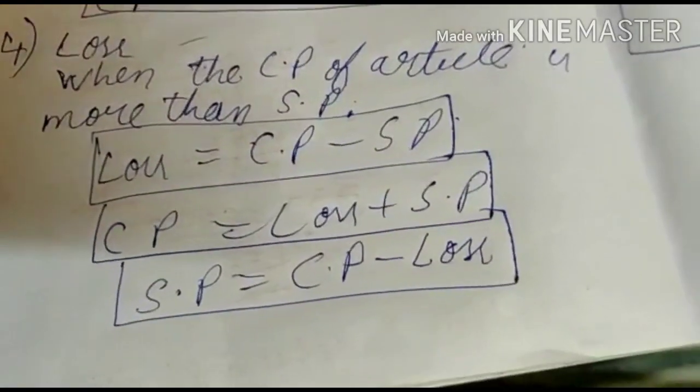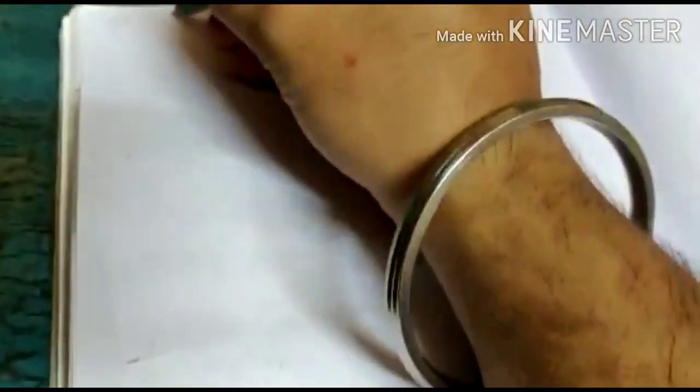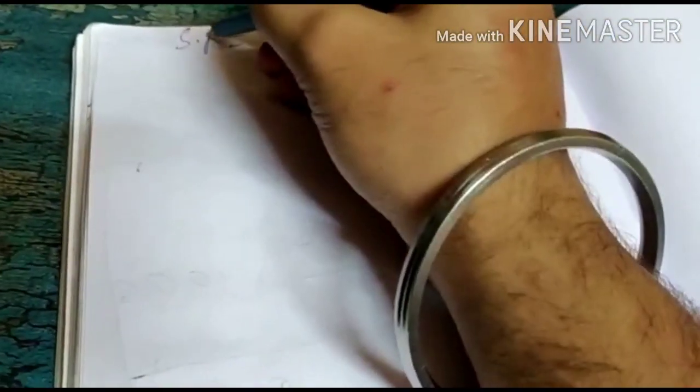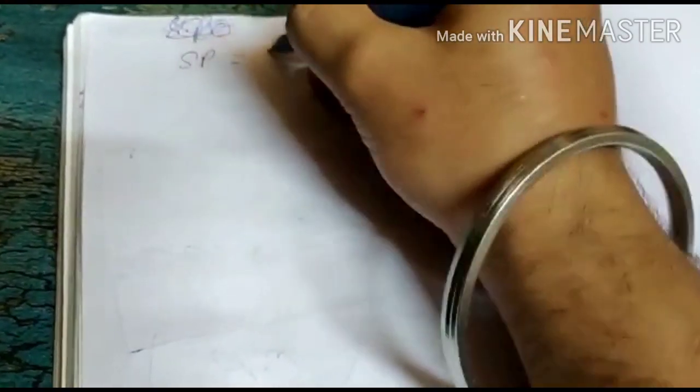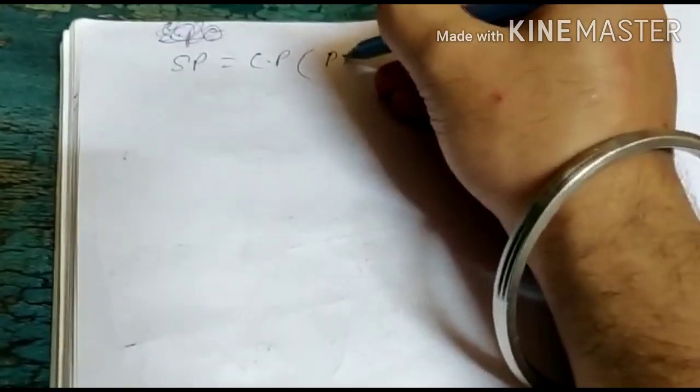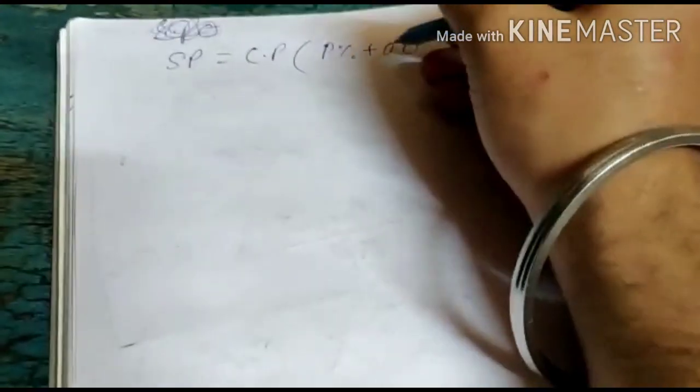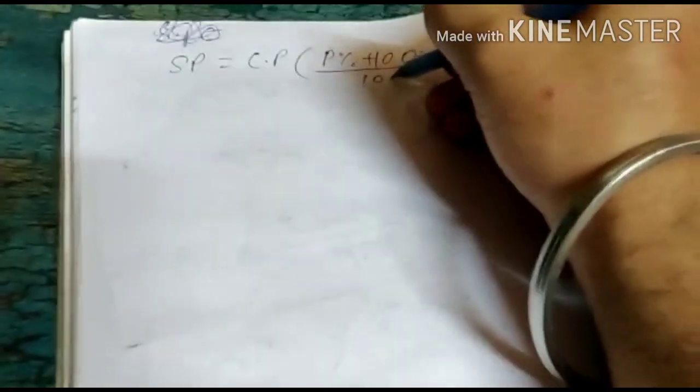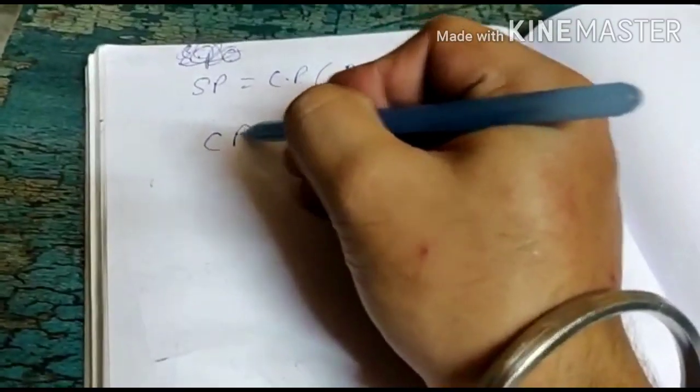You also know that SP equals to CP minus loss. Like from the last we got SP equals to CP into profit percent plus 100 upon 100. Okay, you can calculate CP from this.